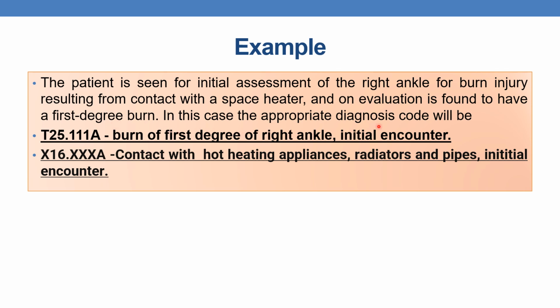In this case the appropriate diagnosis code would be first the burn code, which is T25.111A, burn of first degree of right ankle, initial encounter, followed by an external cause code X16.XXXA, contact with hot heating appliance, radiators and pipes, initial encounter. So you can use external cause codes along with the burn injury codes.